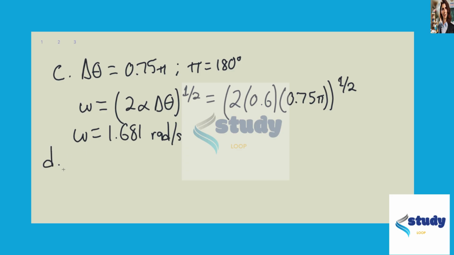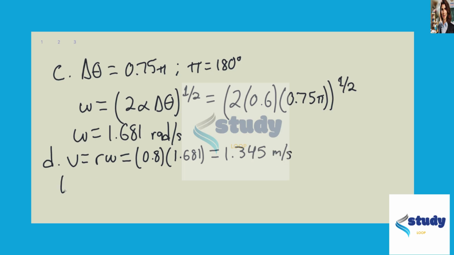For part D, they're asking us for the angle between the linear velocity and the resultant acceleration. So we find that v is equaling to r omega. So we can do this really quickly. 0.8 times 1.681, and this is going to be 1.345 meters per second. And then we can say tan of phi. So tan of phi, phi will be our angle between the linear velocity and the resultant acceleration.